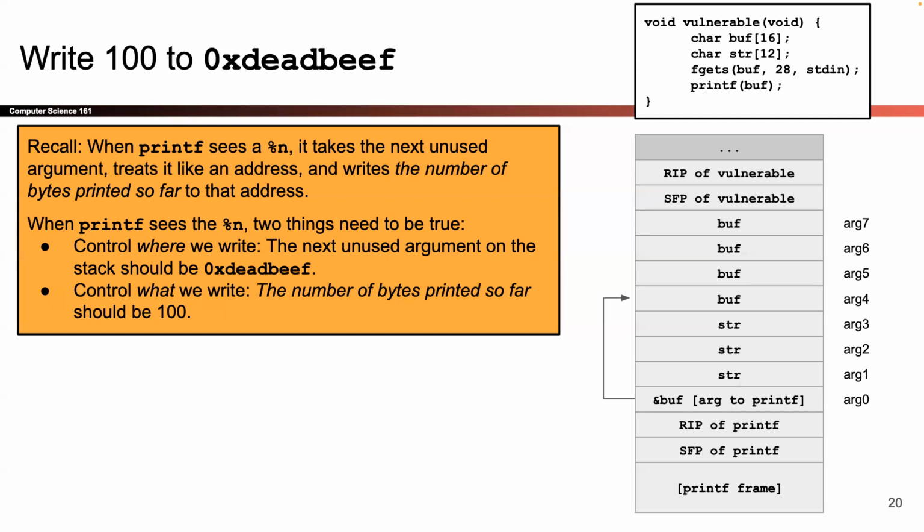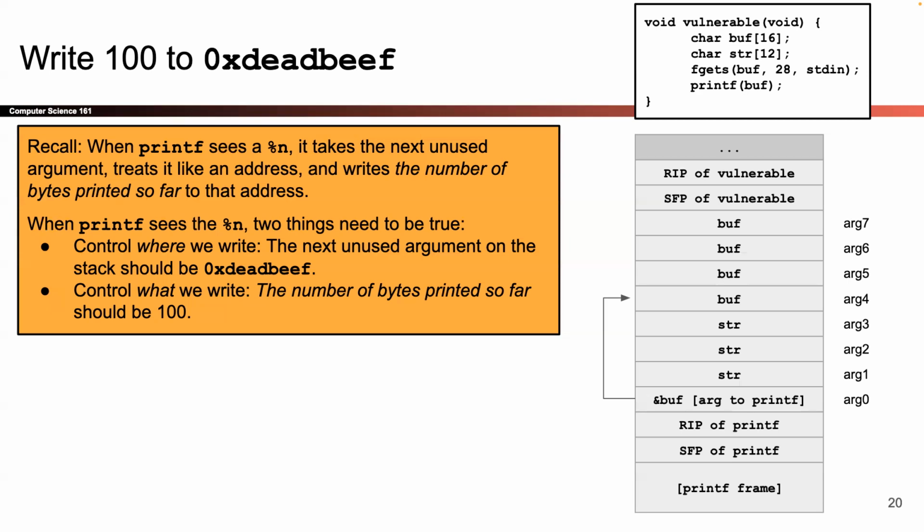At the moment that that happens, both of these things have to be true. Not one, not the other. You need to juggle, get them both right. So 2 things have to be true. First, that %n, how does it know where to write? It goes on the stack, takes the next thing, goes through that address and writes there. So whenever the %n occurs, printf is going to go on the stack, take the next thing, go to that address and write something.